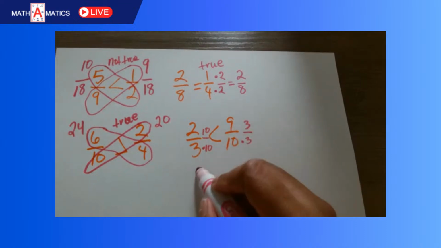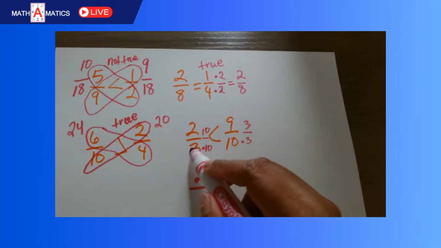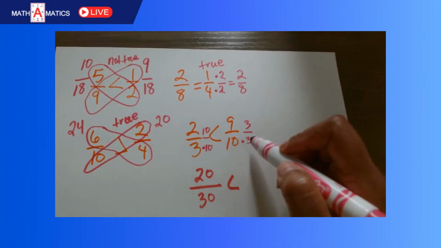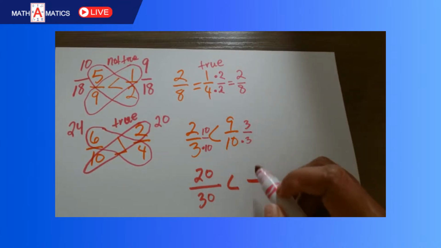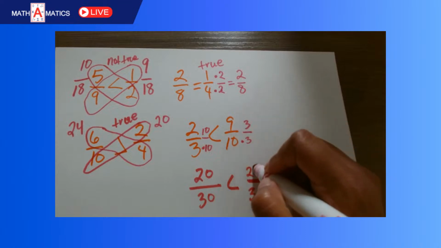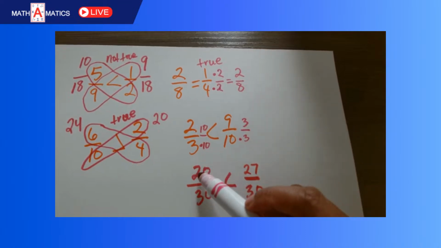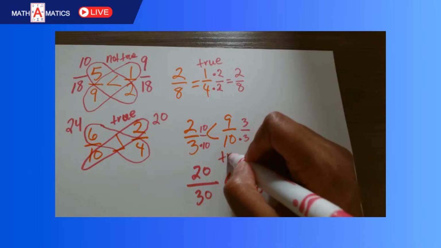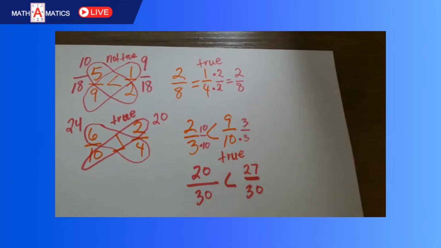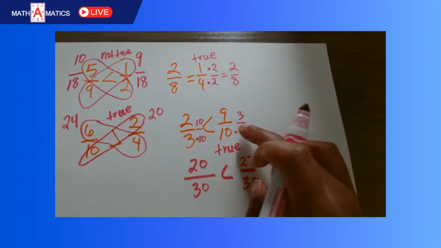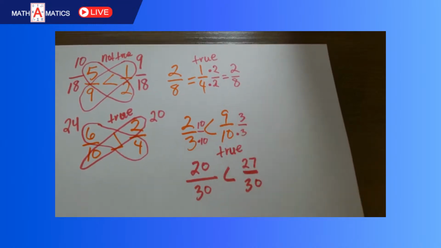So 10 times 2 is 20. 3 times 10 is 30. Is less than 10 times 3 is 30, 9 times 3 is 27. So it's 20 over 30 less than 27 over 30. That is true. And this is exactly what we're doing here. We're just skipping the step of showing that we're multiplying our denominators.